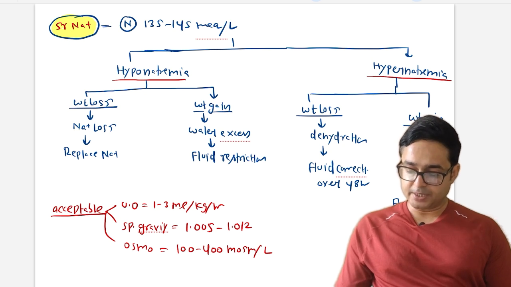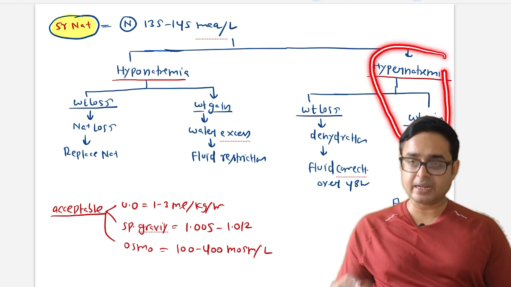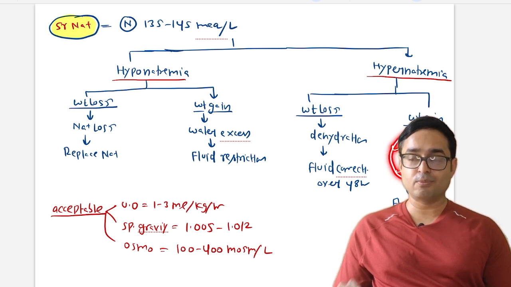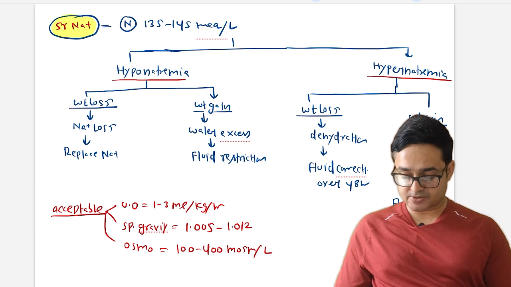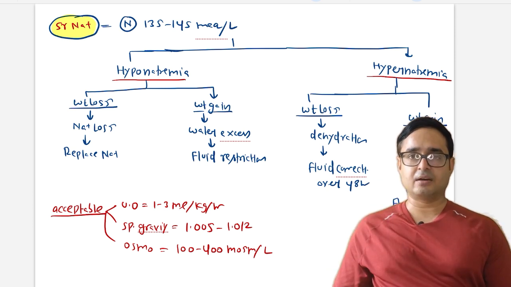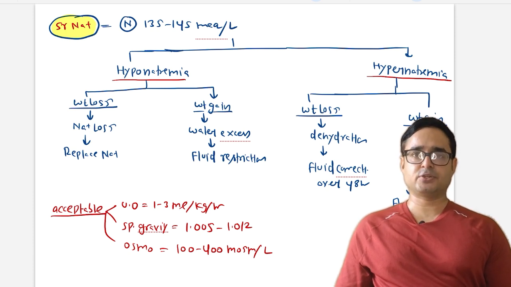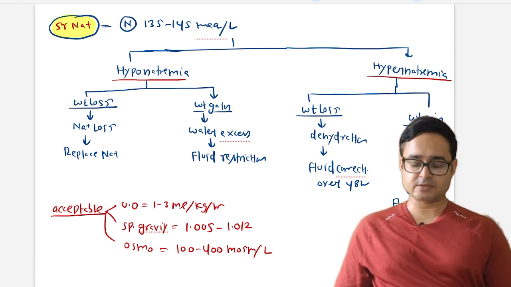But if hypernatremia along with weight gain is there, this is a state of salt and water overload both. You have to restrict fluid and sodium both. Okay. So again, pause this video and revise this important flow chart. This will be beneficial for your general pediatrics and neonatology both. So this is a simplified presentation of sodium disorders.